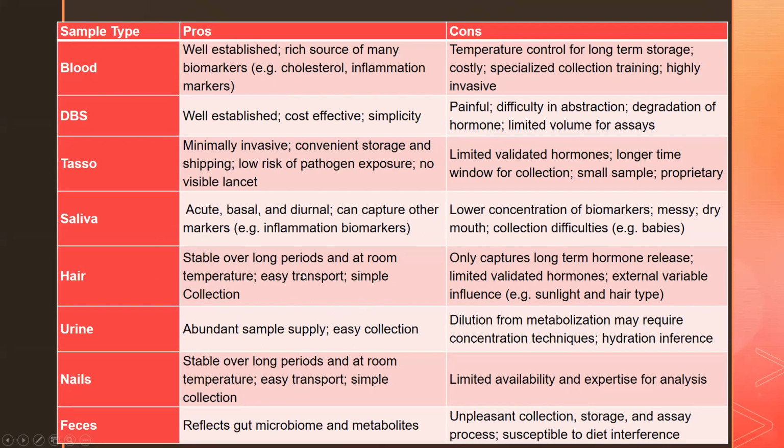Hair is awesome. It's stable over long periods of time, easy to transport and collect. But keep in mind that with hair, you're not getting an acute response, and it is susceptible to events that are occurring over those month-long periods of time.